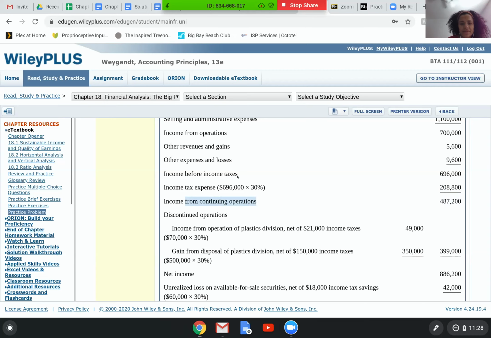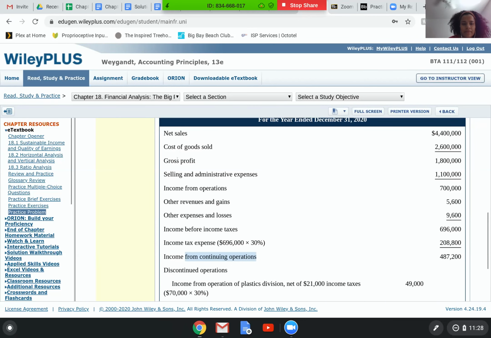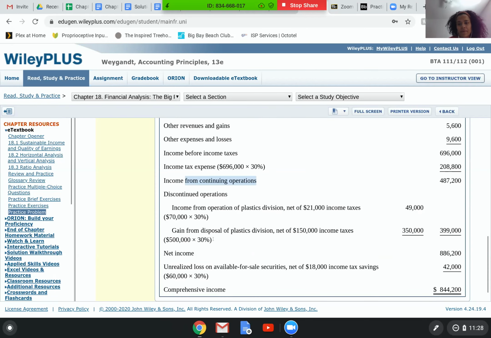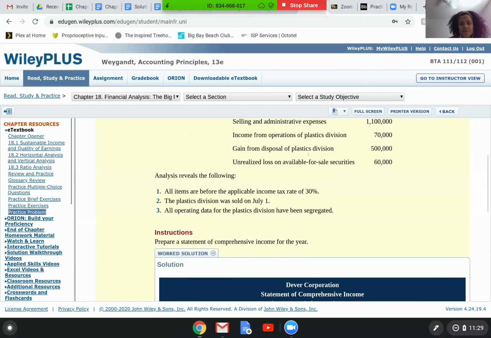Remember, for the previous example, we started over here at income before income taxes, but this is the entire rest of the income statement above it. So you get to income from continuing operations, 487,200. Then you have to show the discontinued operations. And as the question said, they had income from the plastics division, right, from the operations of 70,000.